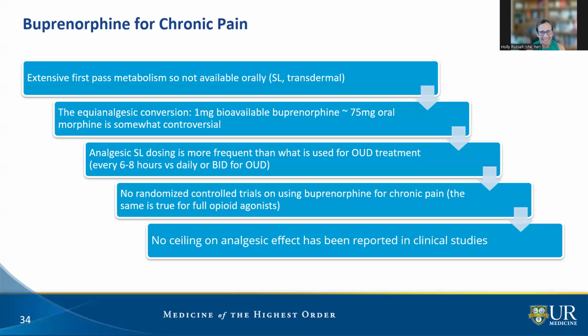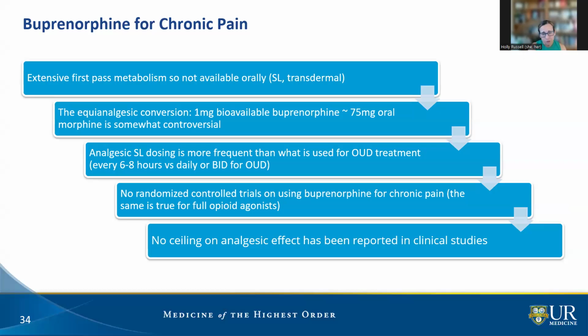It's important that you know there are no randomized controlled trials on using buprenorphine for chronic pain. However, it's also important that I remind you that the same thing is true for full opioid agonists. We have no randomized controlled trials showing the evidence around using them for chronic pain. So the same thing is true for buprenorphine.